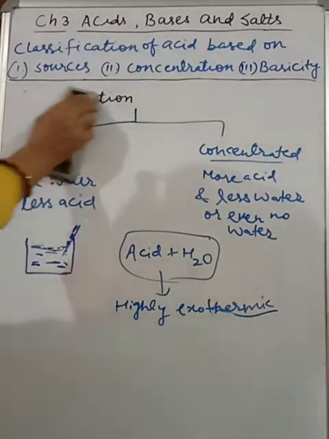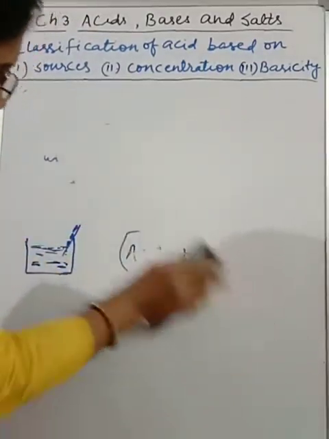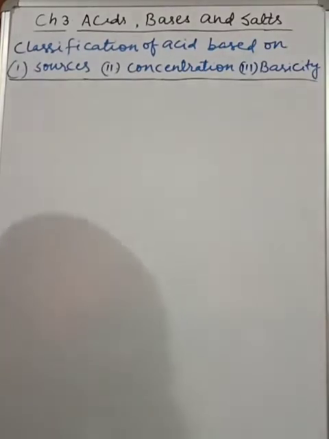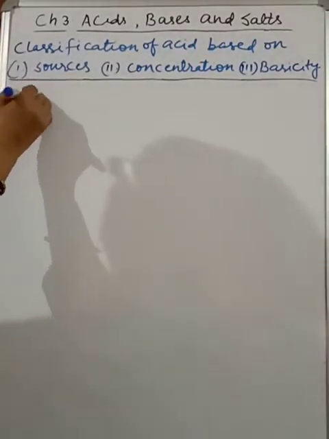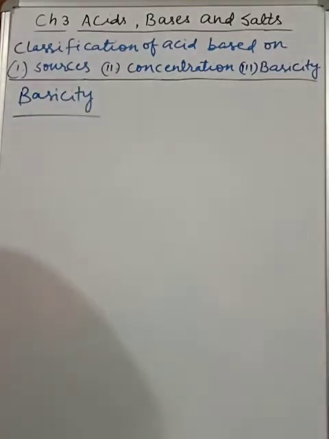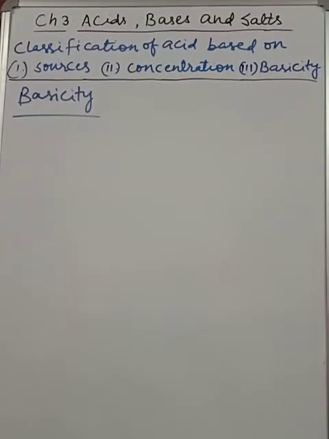Now the next topic is, children, basicity. On the basis of basicity, how can acid be categorized? Basicity is actually giving us the idea regarding hydronium ion. So children, when we think about basicity, the first point is how basicity can be defined: the number of replaceable hydrogen atoms or hydronium ions which can be produced by ionization of one molecule of acid.